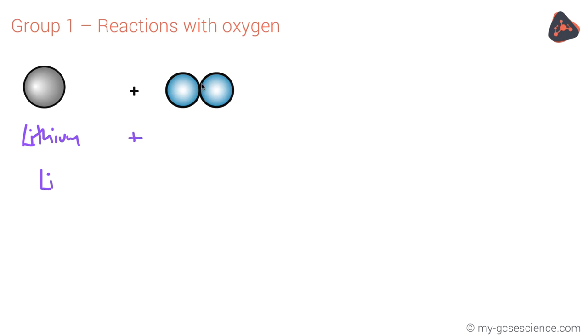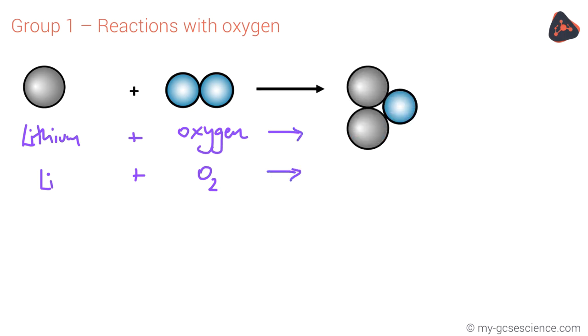Then this molecule that we've got is oxygen. As you'll see later on, it's common for non-metals to exist as molecules like this. Oxygen is O2. So when they react, they combine together to form lithium oxide, which is Li2O.